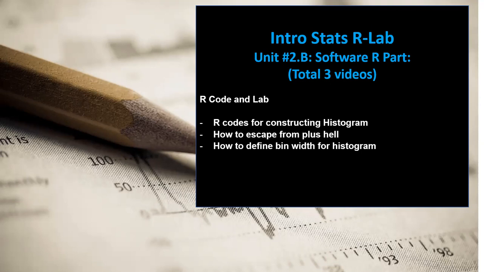That means sometimes if you type something wrong in R, every time you hit enter it will give you a plus sign, it's very difficult to see what's wrong, and you will not be able to type anything. That's why we call it plus hell. So we cover how to escape that. And for the histogram, which is set by the bars, what is the bin width? We also discuss that here.